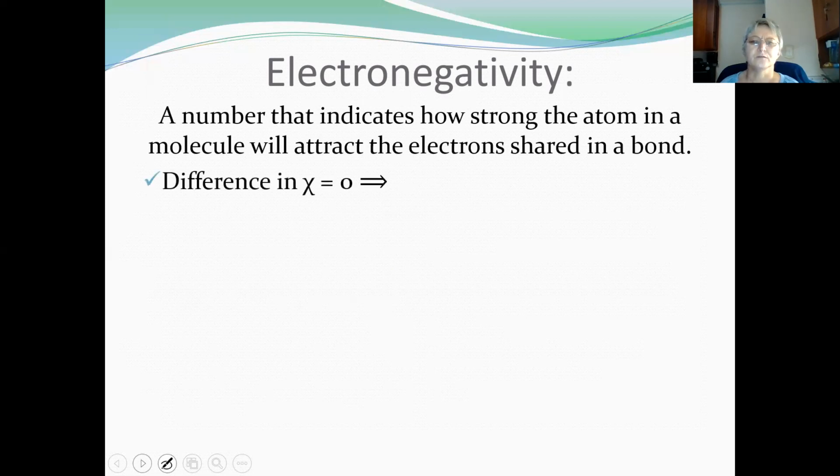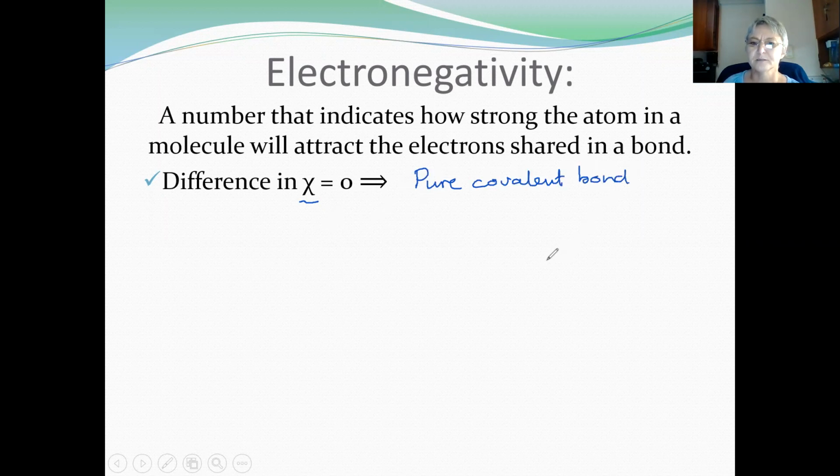When the difference of electronegativity, and the symbol here is phi, the symbol we use for electronegativity, is 0, you have a pure covalent bond.